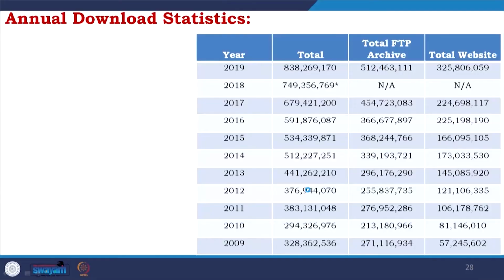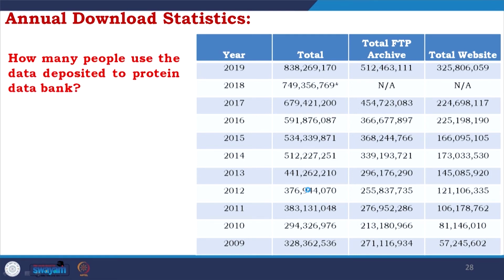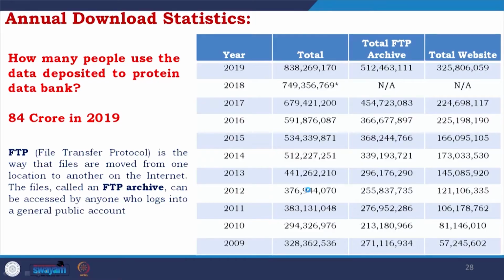How much is the Protein Data Bank viewed? If you see, these are the total numbers each year starting from 2009. This is the FTP archive and this is the total website. As I told, the question is how many people use the data deposited to the Protein Data Bank? Straightforward answer: in 2019, it was viewed 84 crore times.